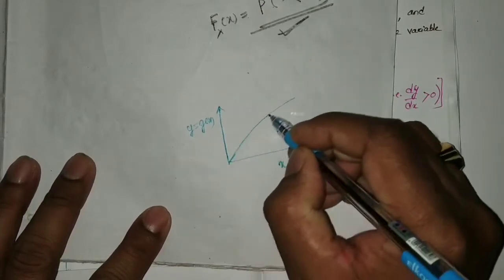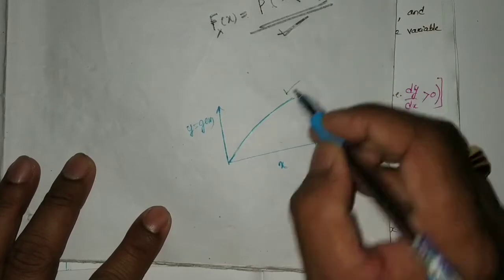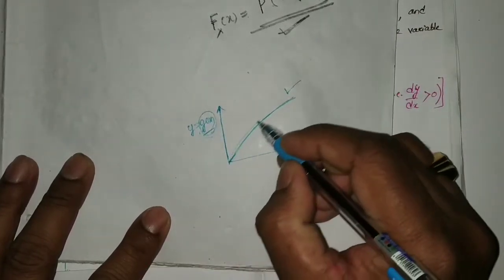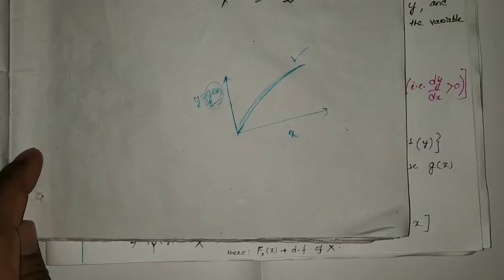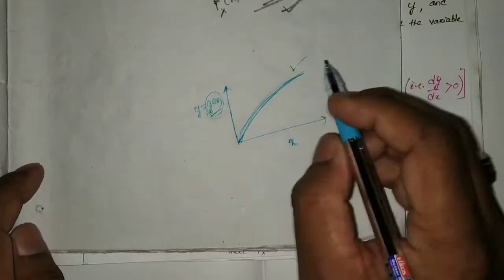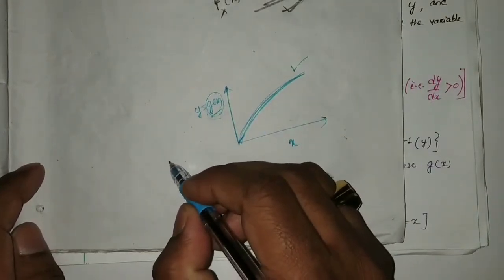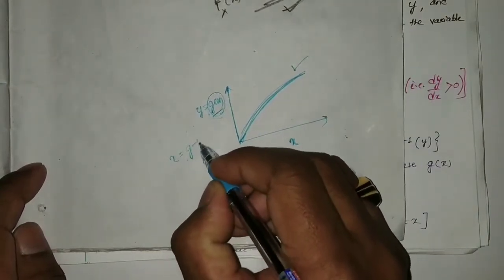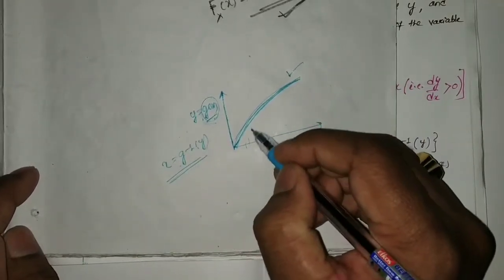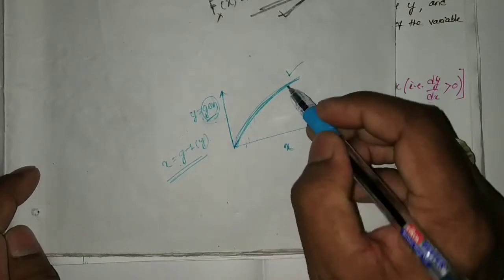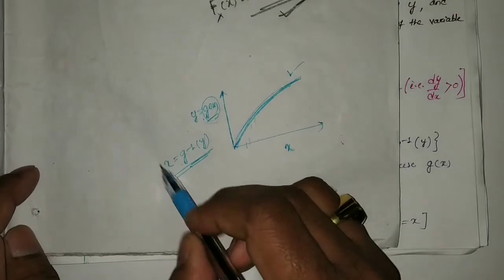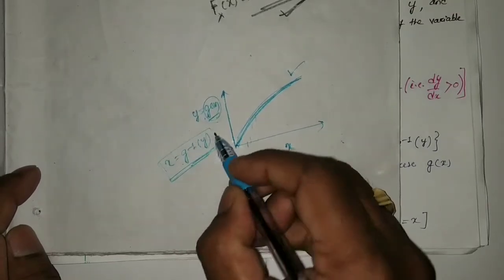If the g(x) graph is this one, which is continuous and differentiable, then we can write x equal to g inverse of y. As it is differentiable and continuous at each and every point, its inverse has to exist. So x will be nothing but g inverse of y.